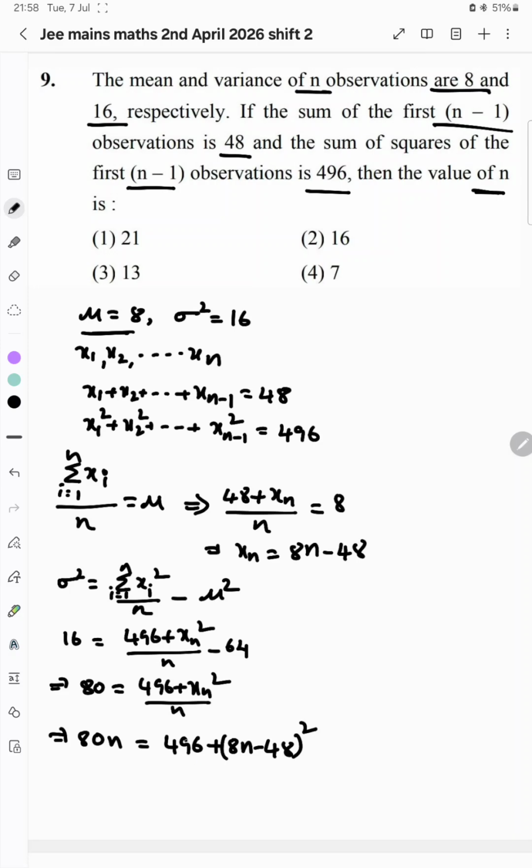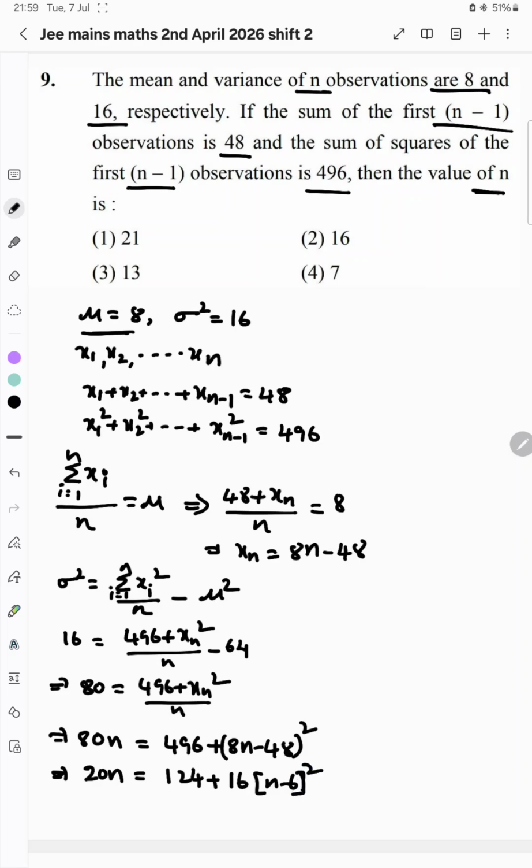From 496, we can take 4 as common because 96 is divisible by 4. So we get 20n after dividing by 4, and on the right side, 4 is common: 4 ones are 4, 4 twos are 8, 4 fours are 16, and from this we are taking 8 common, and 8 square is 64. From 64 we are taking 4 outside, so the remaining 16 is there, and taking 8 common from the bracket gives n minus 6 whole square.